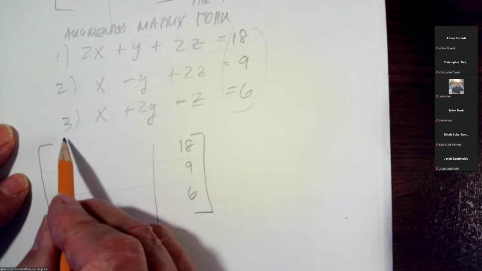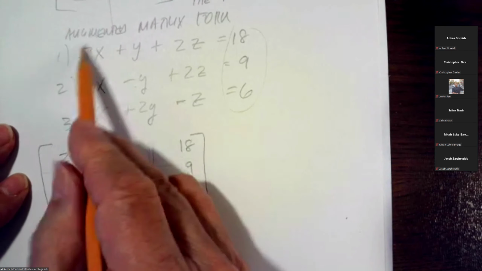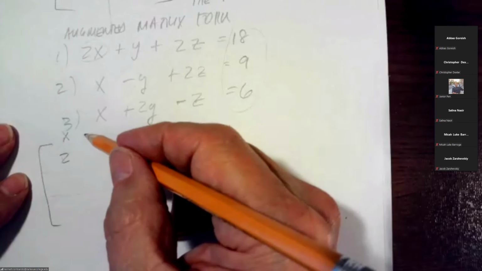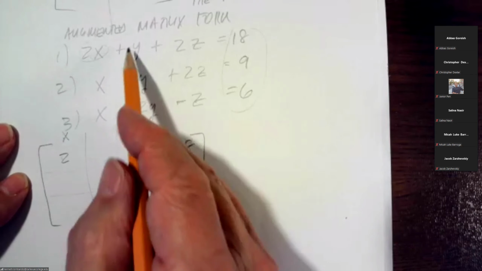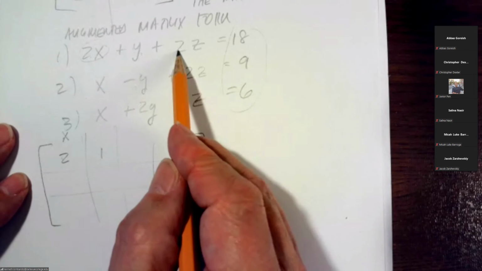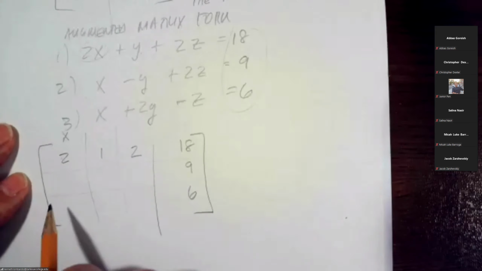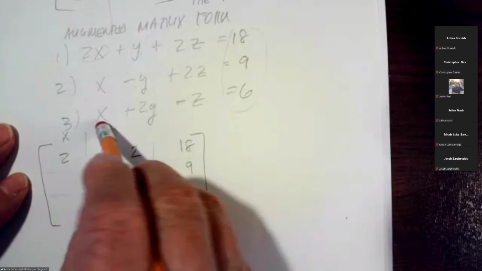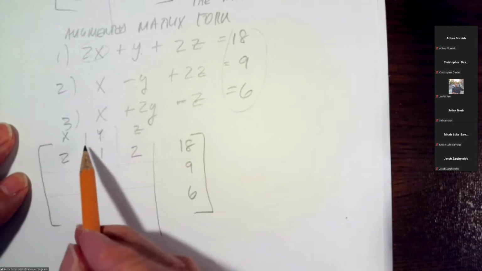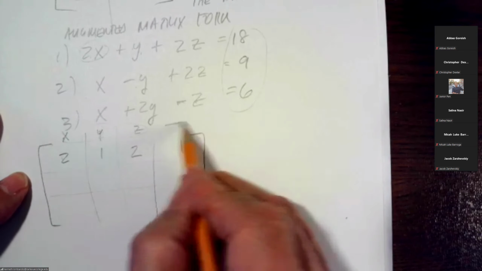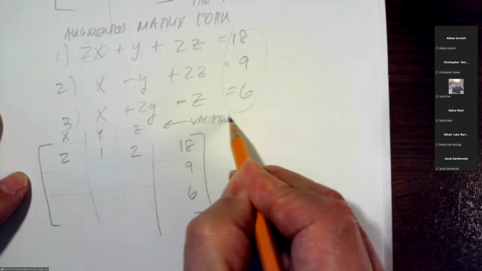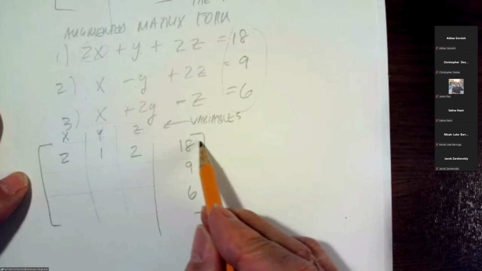So I have 2 for the x values. I'll just put x as a reference above here in the columns, and a 1 here for the y coefficient, and 2 for the z coefficient. So I have x, y, and z. So here are the variables here. And we have the constants here.